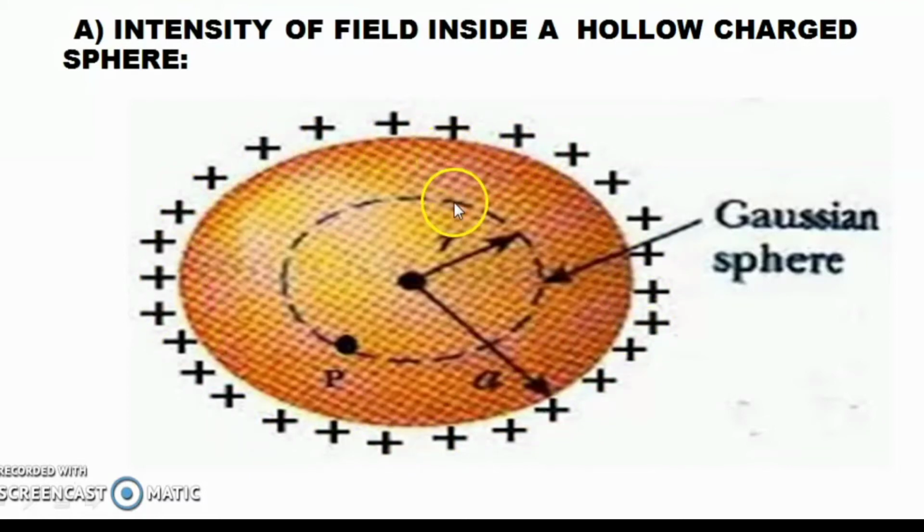Now here we have selected an imaginary surface, which is represented by the dotted line, an imaginary hollow sphere inside the charged sphere, and this imaginary hollow sphere is known as a Gaussian sphere. Gaussian means imaginary. And now we are going to find out the intensity on the surface of this imaginary sphere.